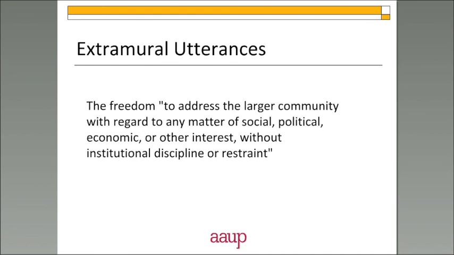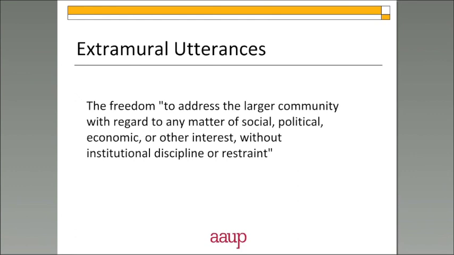Because that was a particularly important issue for the founders of the AAUP, they explicitly included extramural utterance as an element of the definition of academic freedom. It is most likely unique to the United States. Most other definitions of academic freedom from other countries that I'm aware of do not explicitly include extramural utterance as an element of academic freedom.